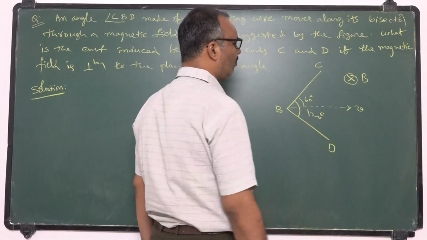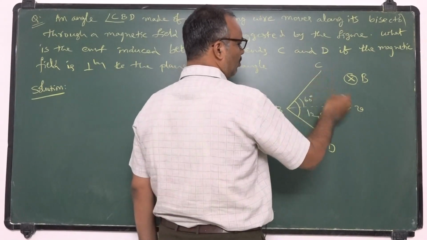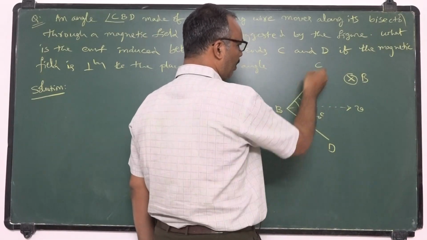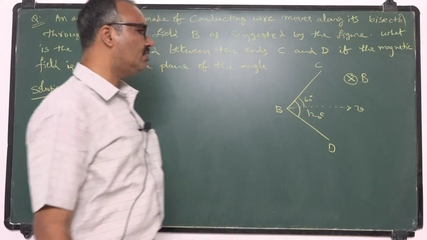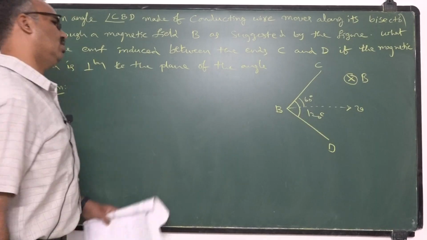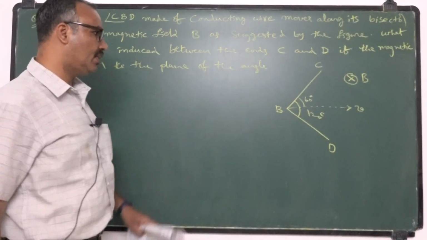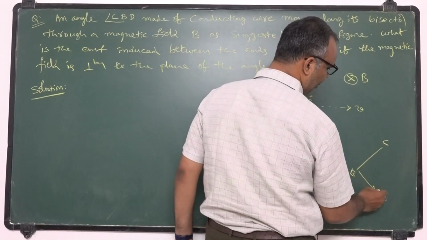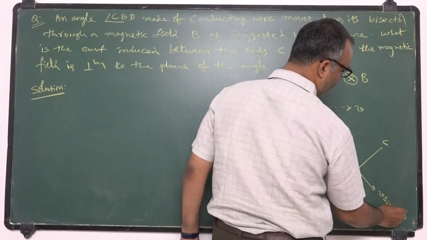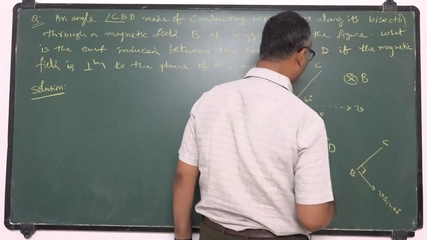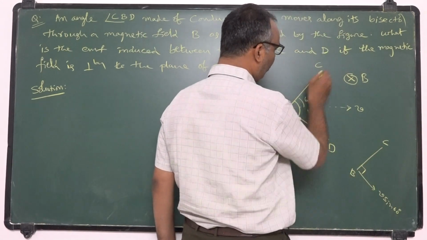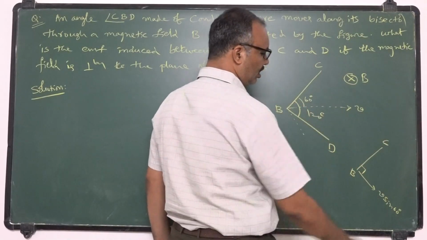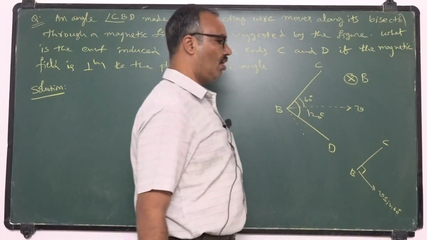So the component of velocity perpendicular to CB is V sin 60, which is perpendicular to the length of CB. This only will create EMF in this rod.